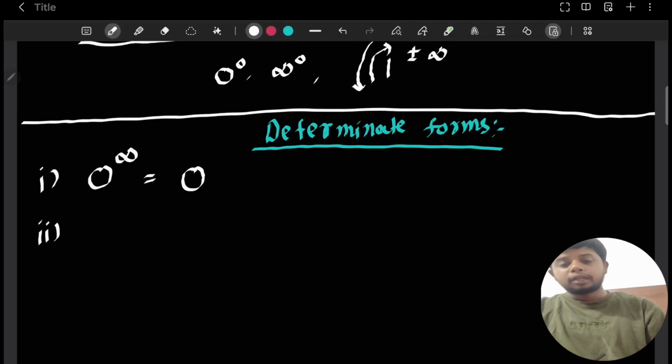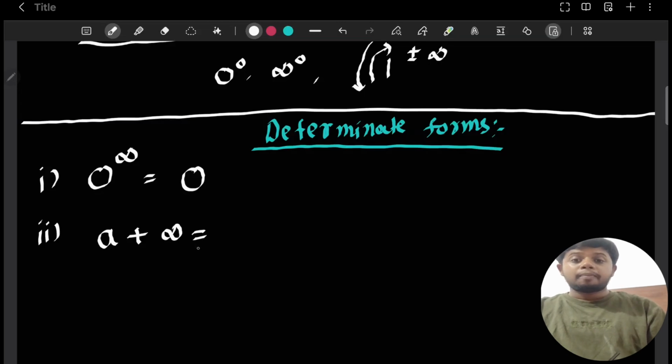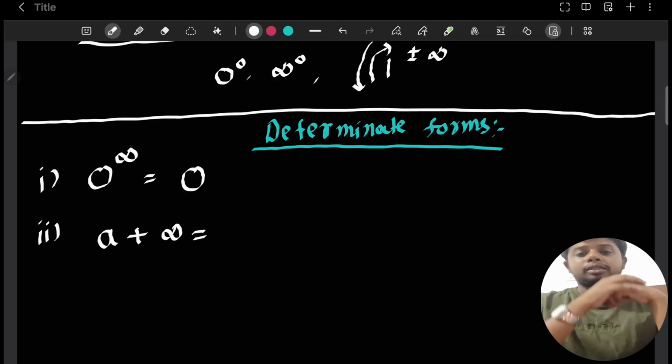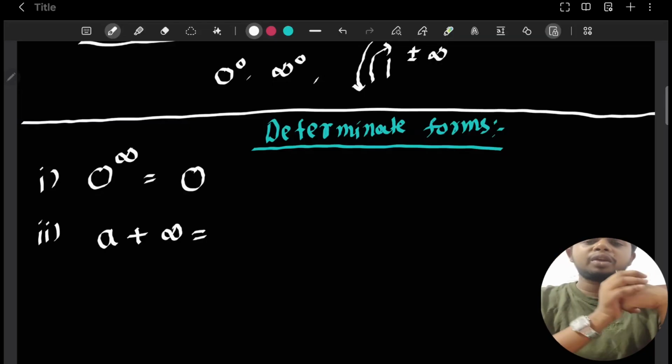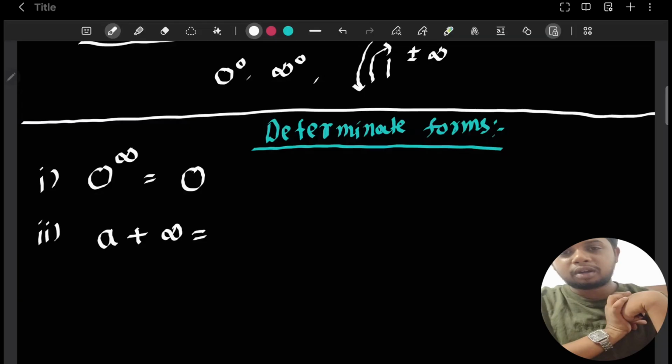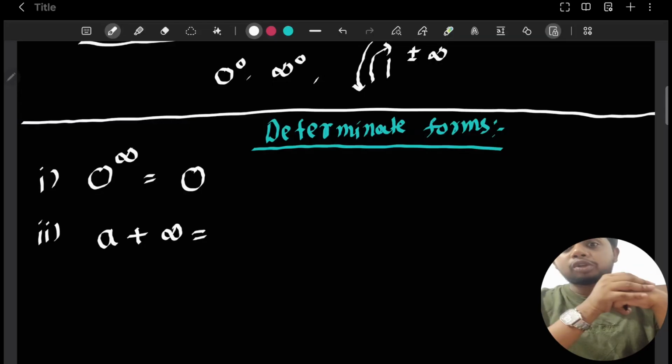Second, now you tell me, if I take any number a, and add a very big positive number, what is the answer? You'll say, sir, I'll take a as 1 crore. I'll say, okay, you can take minus 1 crore. But that very big number is as large as possible.